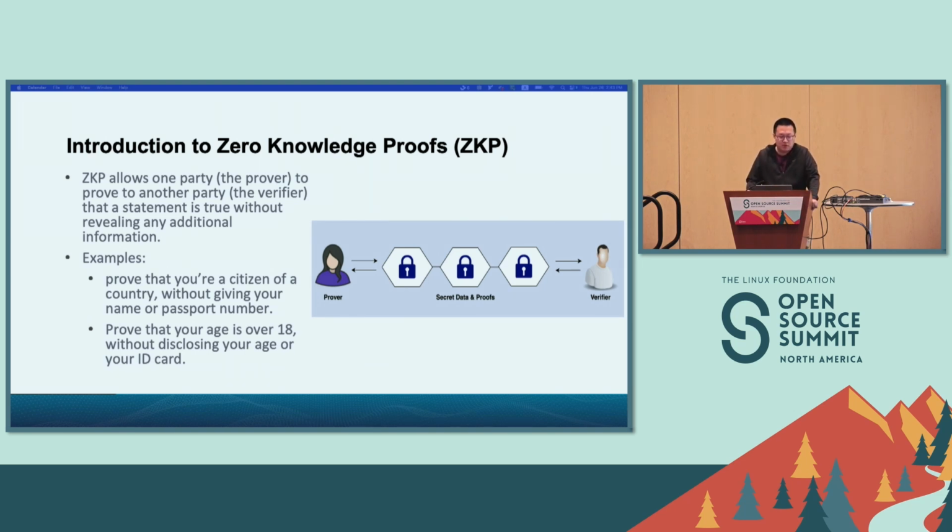To give you some use cases, for example, you can prove that you are a citizen of a country without giving your name or your passport number. And recently, I think last month, Google Wallet released a feature for age verification with zero-knowledge proof, so that you can prove that your age is over 18 without even disclosing your age or your ID card.